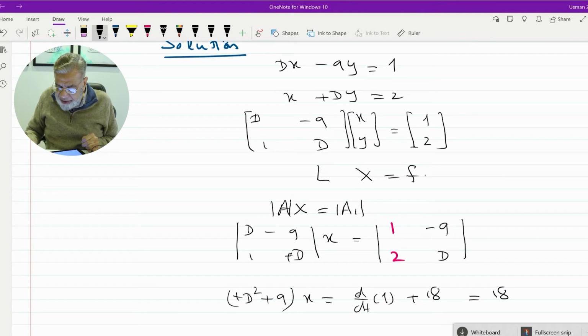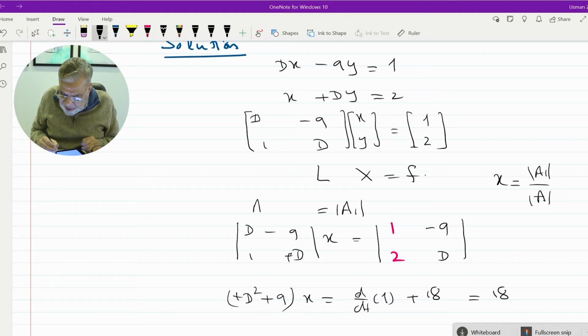In Cramer rule, x is equal to determinant of matrix A1 over matrix A. A is the coefficient matrix, that we show as L. So we get D, minus 9, and then 1, D in the second row, A11, A12, A21, A22, then x is our unknown, and 1, 2, where in Cramer rule we replace the first column by the right hand side 1, 2.